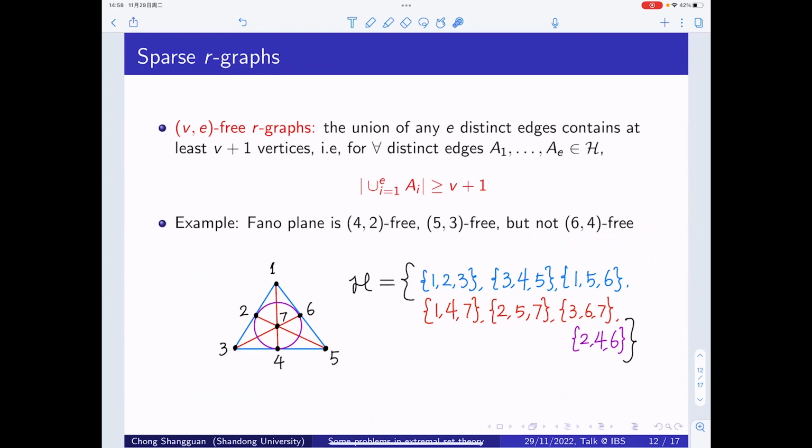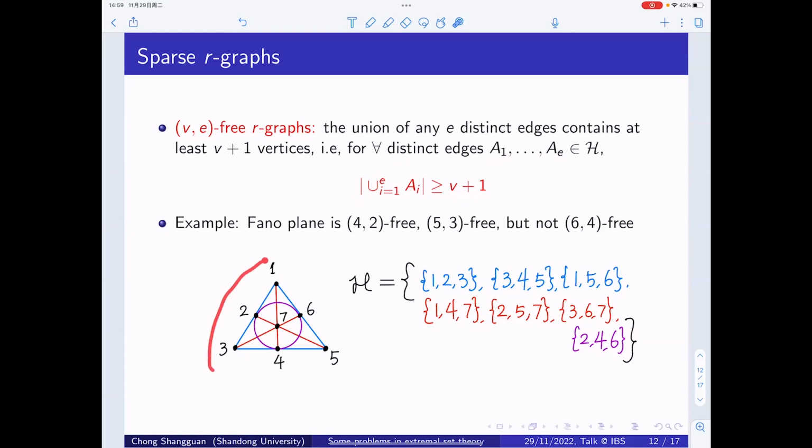Let me first introduce sparse r-graphs. For positive integers v and e, a sparse r-graph, or (v,e,r)-free r-graph, has the property that the union of any e distinct edges contains at least v plus 1 vertices. In other words, for distinct edges A_1 to A_e of H, the union of the A_i's contains at least v plus 1 vertices.